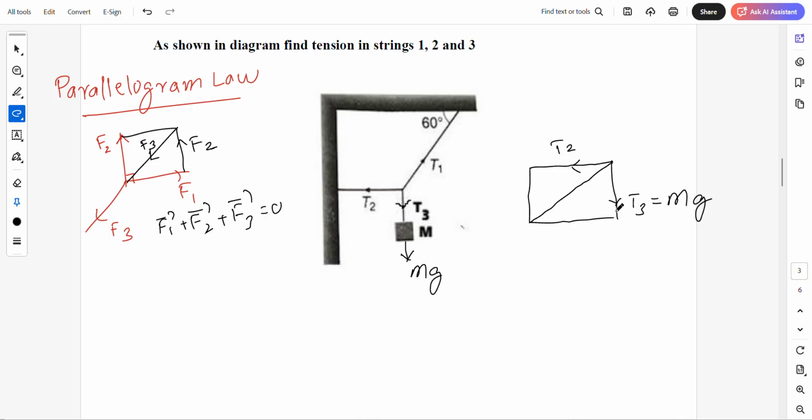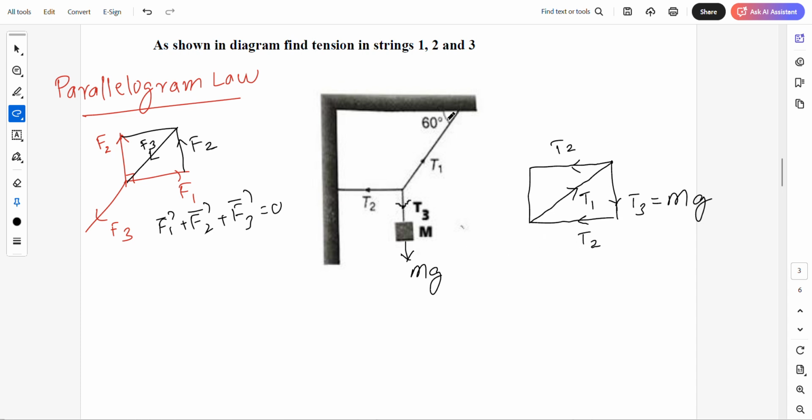This is T3, this is T2. Again T1 will be in same order like T2 and T3 like this. Do not change the direction like this. Same order. T1, T2 and T3 are in the same order, like how F1, F2, F3 are in same order.